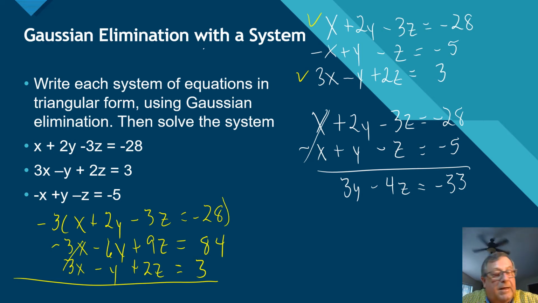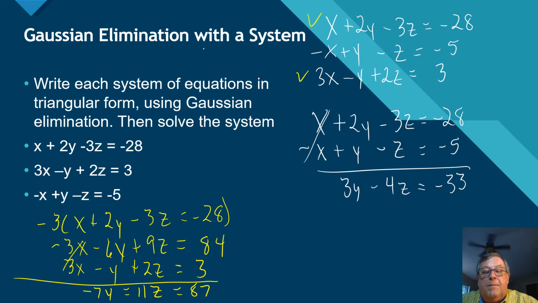And then we've got negative 7y plus 11z equals 87. Now we're going to then take these two equations and we're going to eliminate the y variable, but we're going to do that on the next slide.